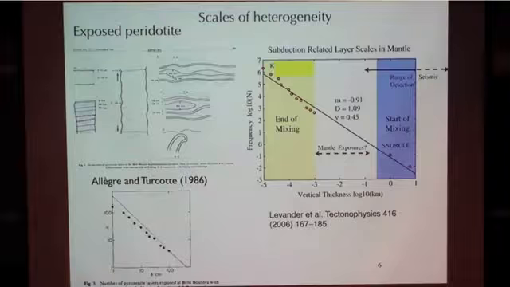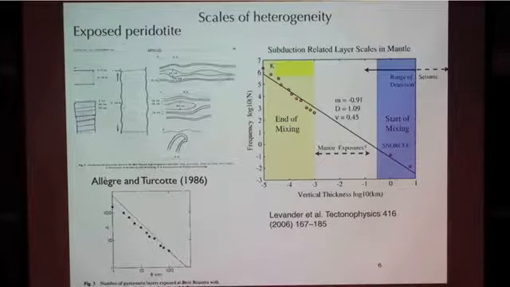So then one can also ask, what happens at the scale at which we could walk up to an outcrop? And this is not universally accepted, but it's a very important and influential study by Kellogg and Turcotte, in which they looked at the banding in an exposed peridotite, and they proposed that the banding was basically representative of mantle scale heterogeneity that had been in place in this peridotite, and therefore was accessible to measurement.